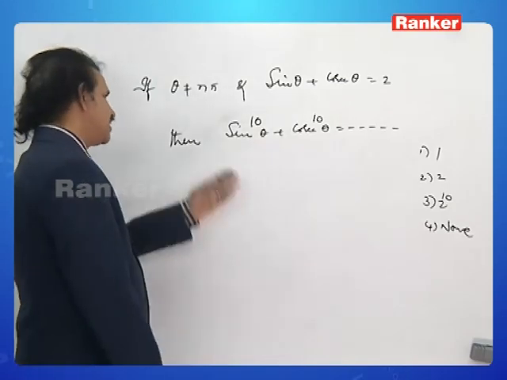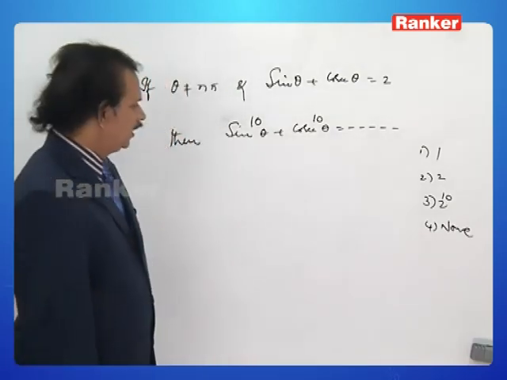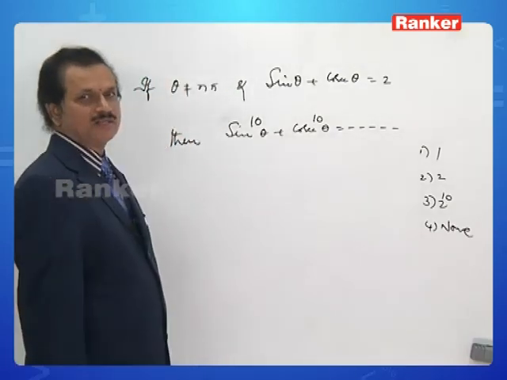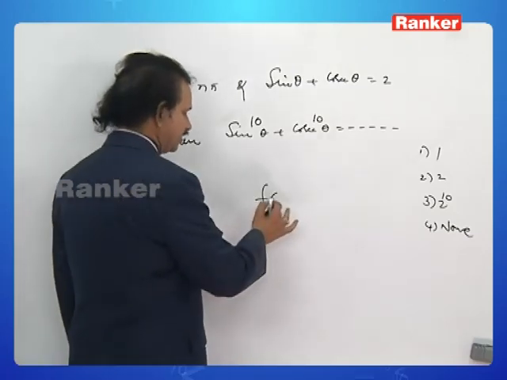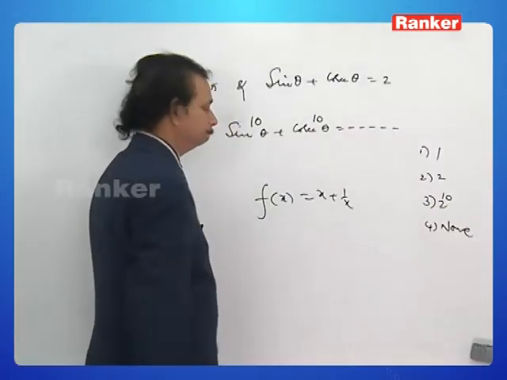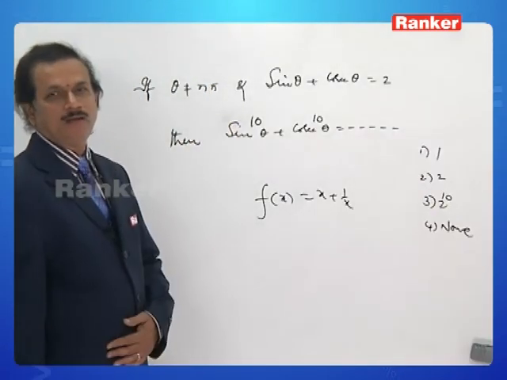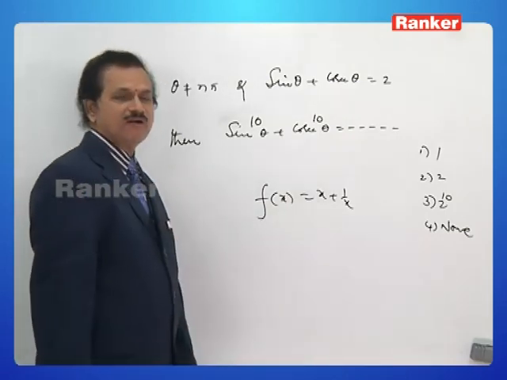What is the basic concept involved in this problem? In calculus, while dealing with the maximum and minimum values of functions, you might have observed the function f of x is equal to x plus 1 by x. What is the range of this function?